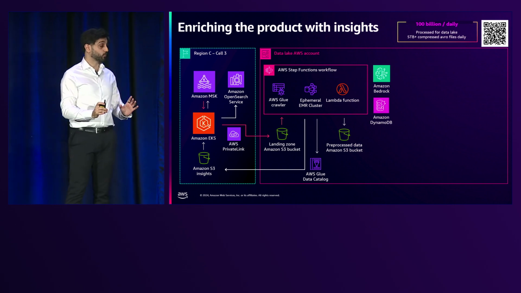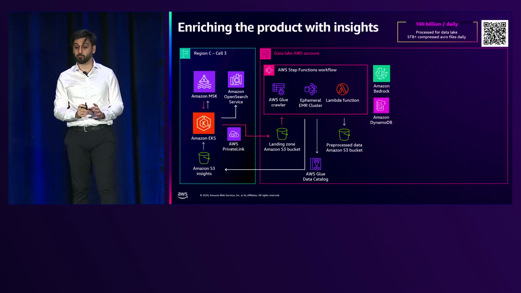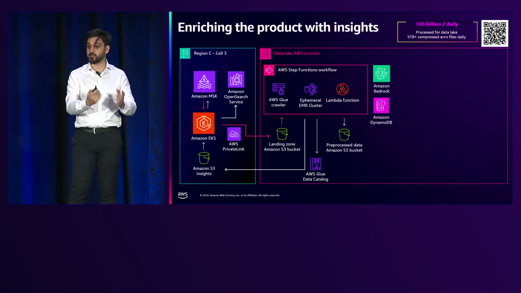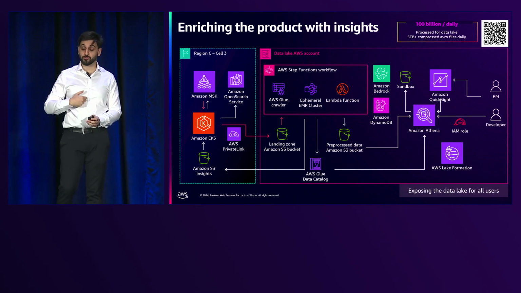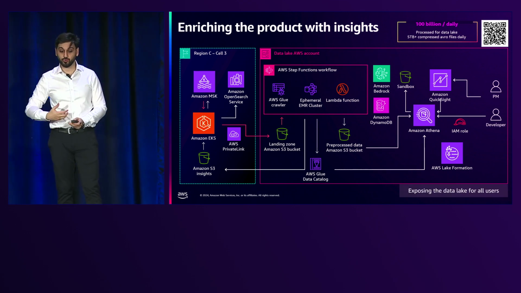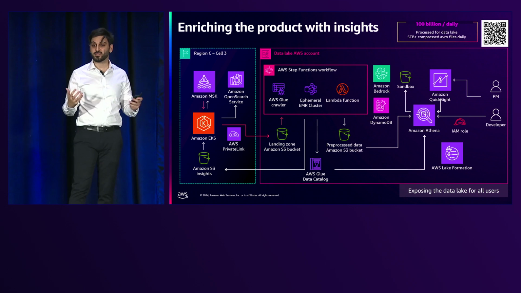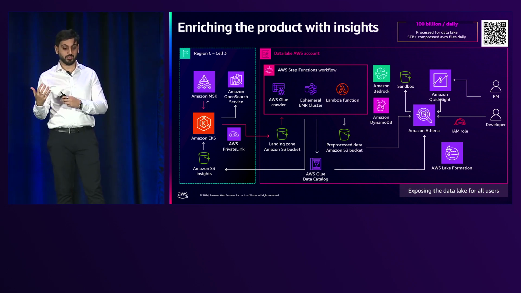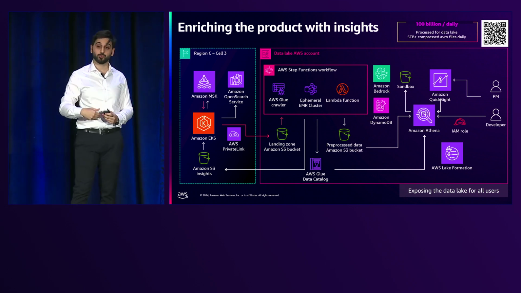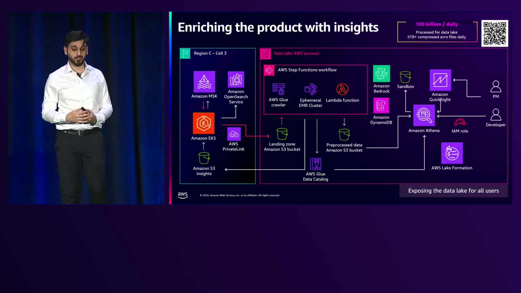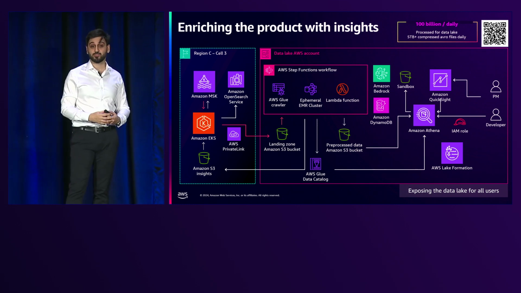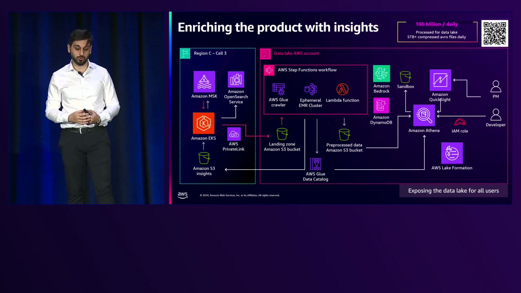And because we had all of the customer data in one place, and we have the insights and the knowledge localized, we also had a perfect opportunity to expose this data lake to our internal users. For less technical people, we leverage Amazon QuickSight dashboards so they can go and query the data and see everything. For more technical people like developers, they can use Amazon Athena to query the data in a more complex way.